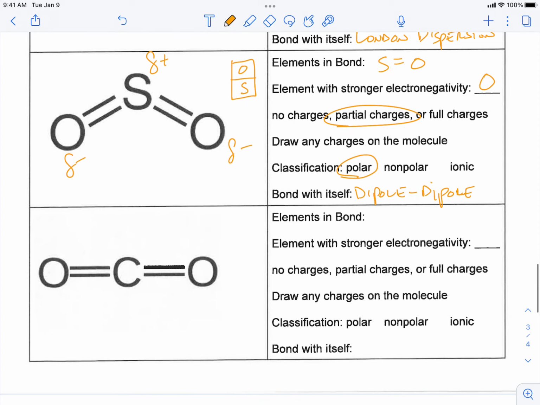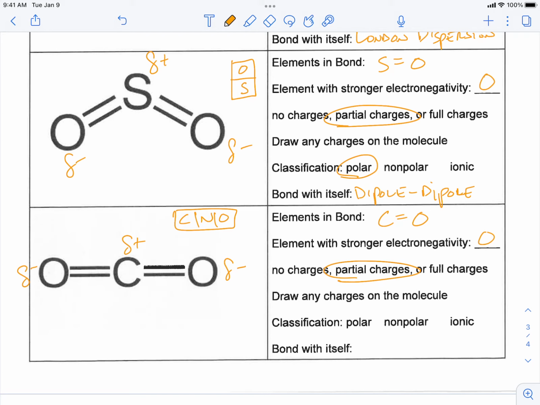All right. Lastly, we're going to look at CO2, carbon dioxide. We have carbon to oxygen bonds. Oxygen is further to the right on our periodic table. In the row, it goes carbon, then nitrogen, then oxygen. So oxygen is going to be the more electronegative element. We're going to have partial charges because our nonmetals are different from each other. Oxygen being more electronegative gets the partial negative, carbon being partial positive.